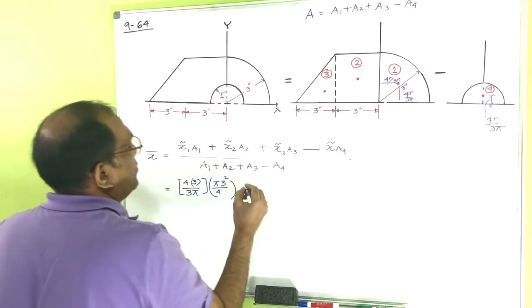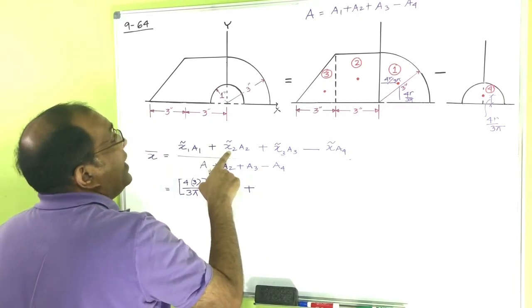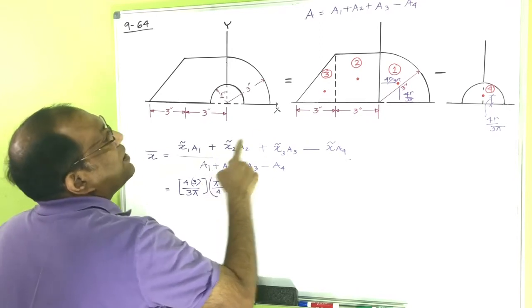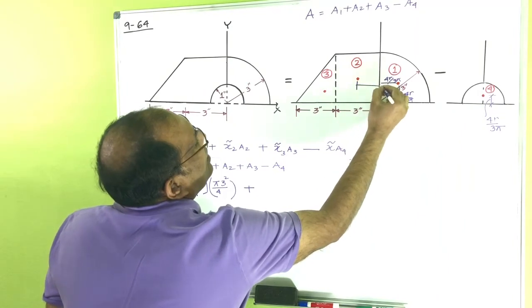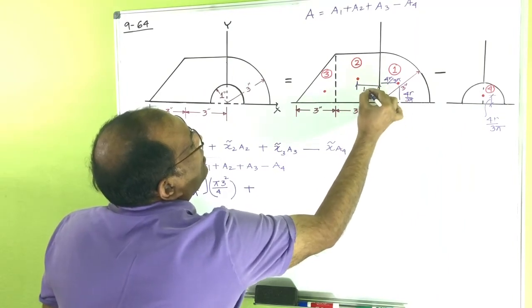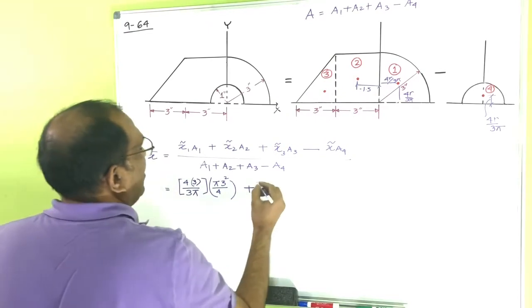So that's the first part, and then go to the second part, which was x squiggly bar 2. That's basically from here to here, which is definitely 1.5 negative, because this is the other side of that thing, okay?